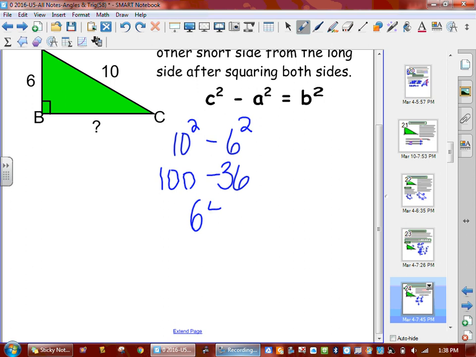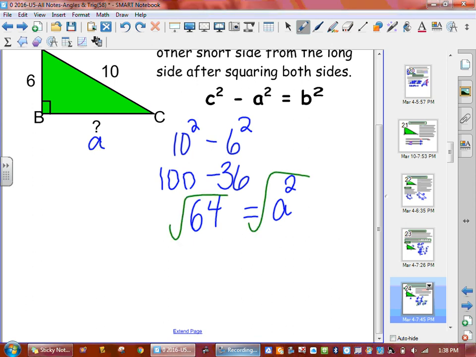And again, that is b squared. Well, in this case, it is a squared, because it's baby a down here. The opposite of squared is square root, so we need to square root. So root 64 is a, which is 8.